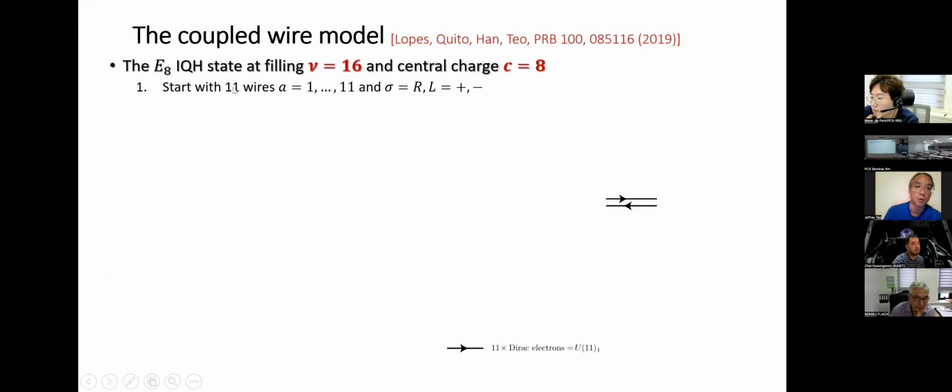The model consists of an array of wires in 2 dimensions, and each wire consists of 11 electrons that can move, each one either in the left or right direction. So I'm going to just denote each arrow line to be 11 chiral Dirac electrons. So each wire consists of a pair of these black lines that propagate in both left and right directions.